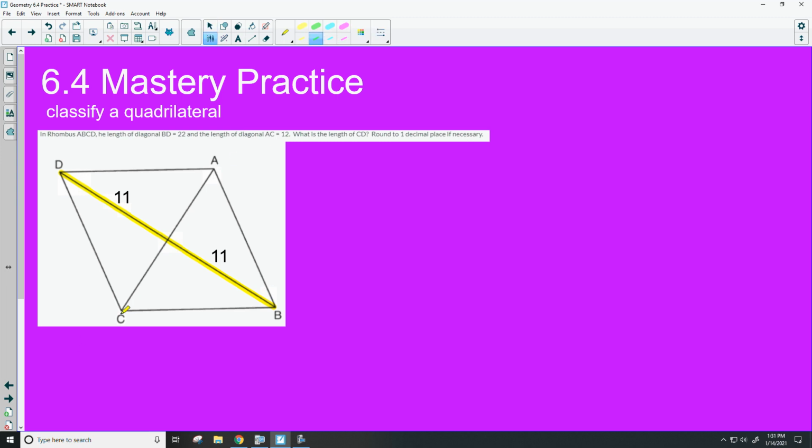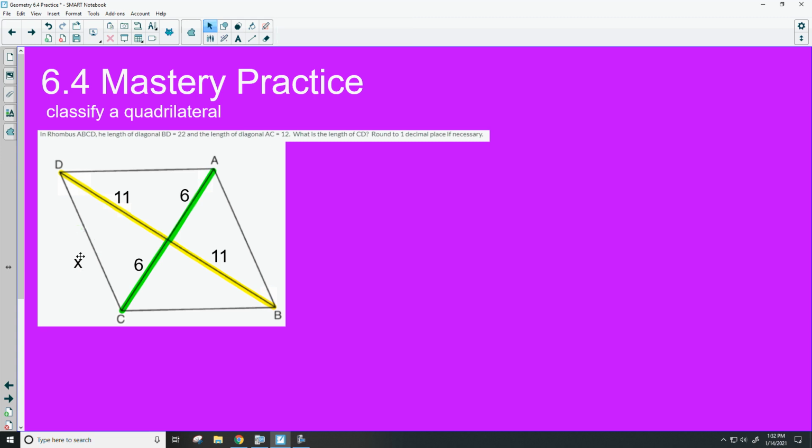Okay, so if the whole diagonal is 12, then that means it's got to be cut in half. So half of 12 is 6 and 6. What is the length of CD? So it wants me to find this.